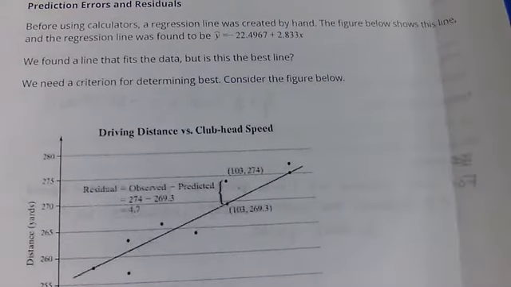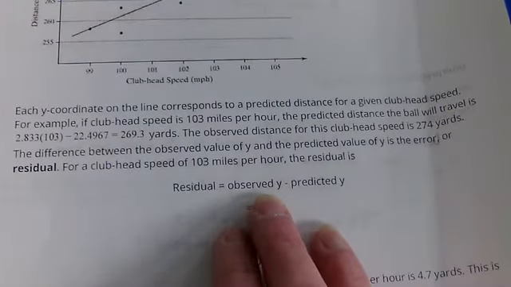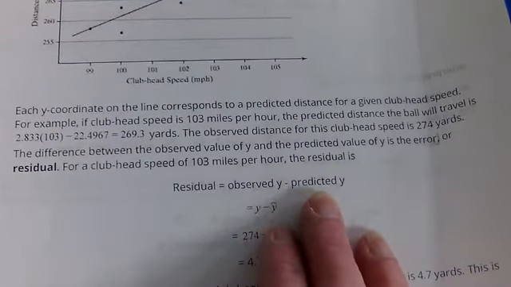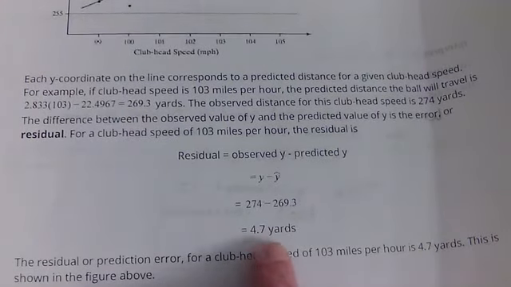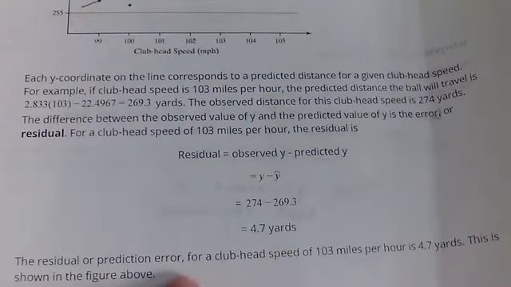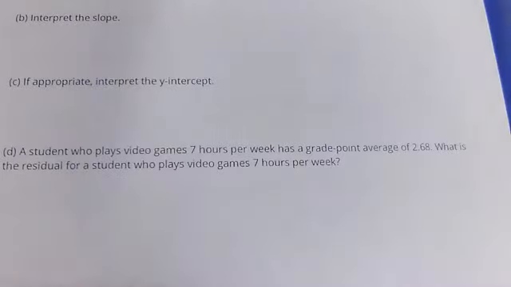So in this case, we would have taken the observed y value minus the predicted y value and found that the residual for this example was 4.7 yards. So that's a prediction error in that case. Let's do another example of that.